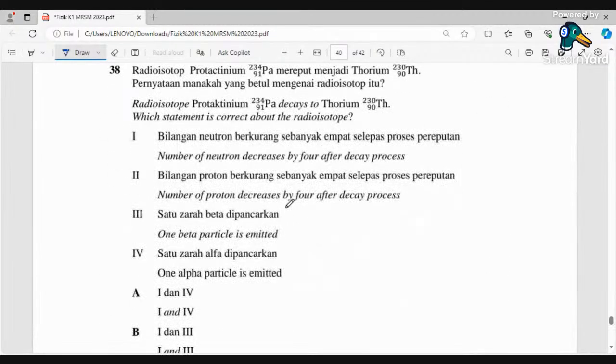Number 38, protactinium change to thorium. Become thorium. Okay, kalau neutron, dia ialah 10N. Proton ialah 11.